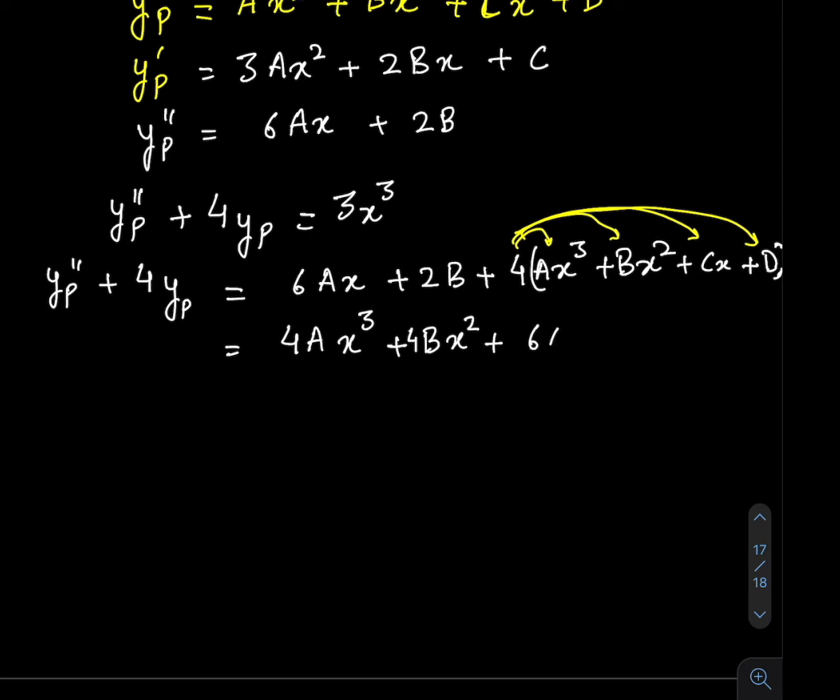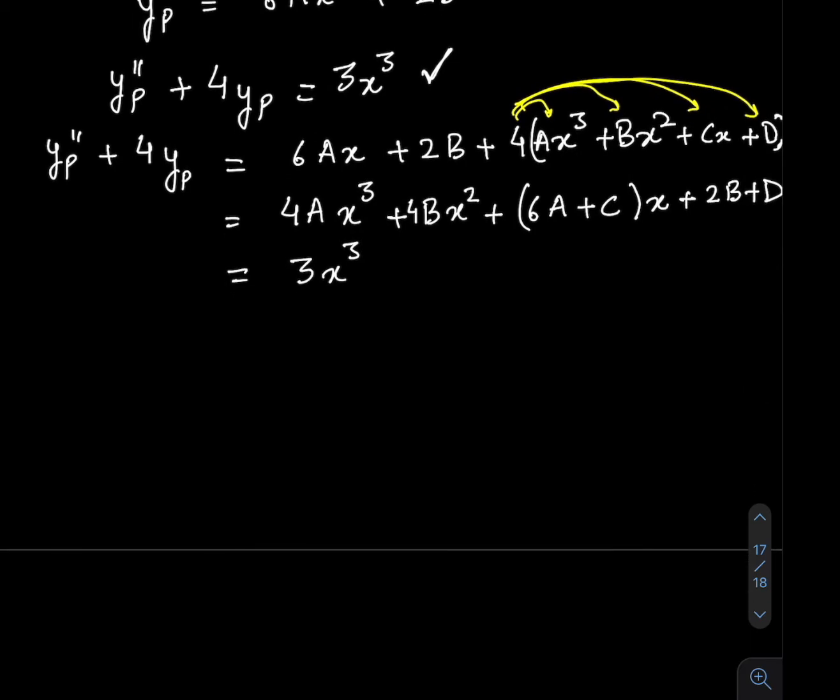Coefficient of x is 6a plus 4c, and the constant term is 2b plus 4d. And as discussed, they should be equal to 3x cube.